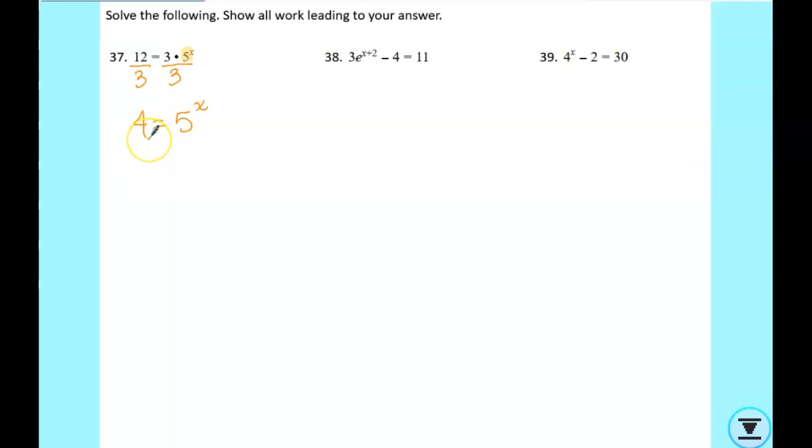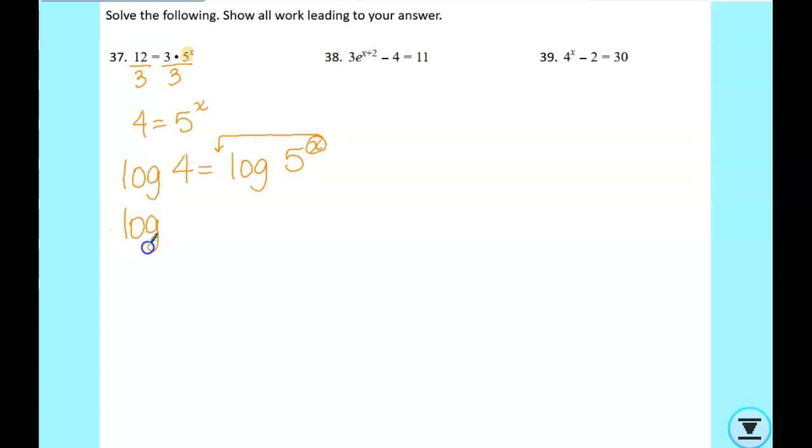Now, because it's an exponential, the first thing we want to try is to get our bases the same, but I can't write 4 and 5 as the power of the same number. So we're going to have to take the log on both sides. So we have log of 4 is equal to log of 5 to the power of x. Remember that the exponent here, because of the power rule, becomes the coefficient.